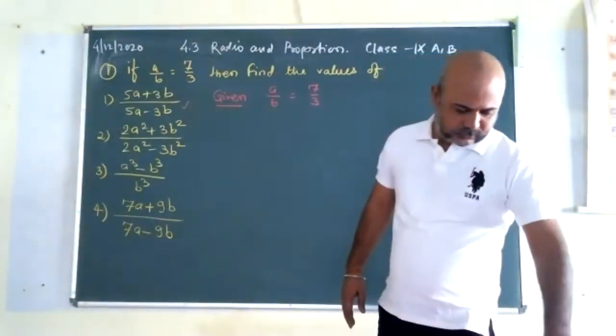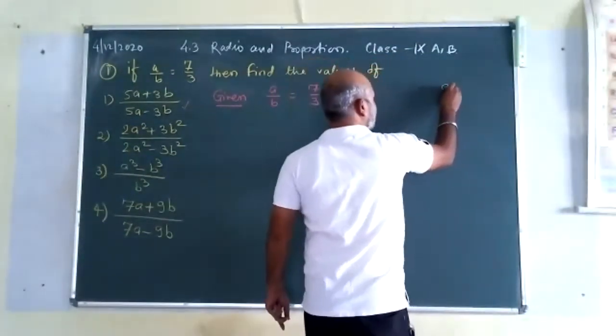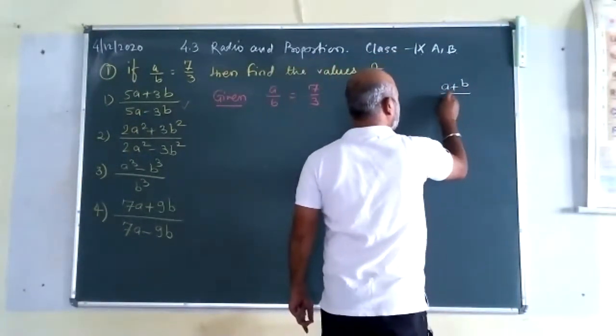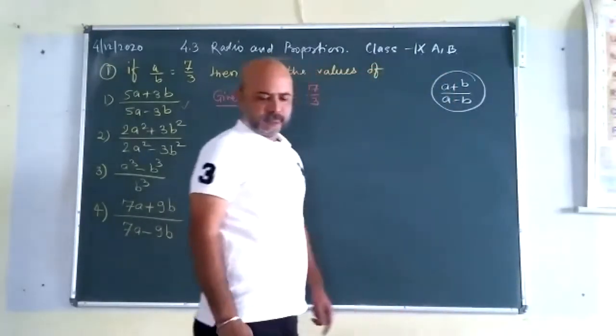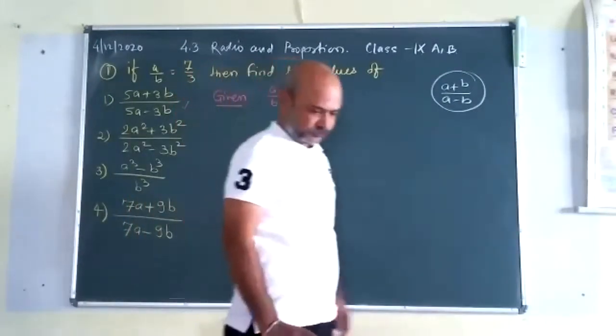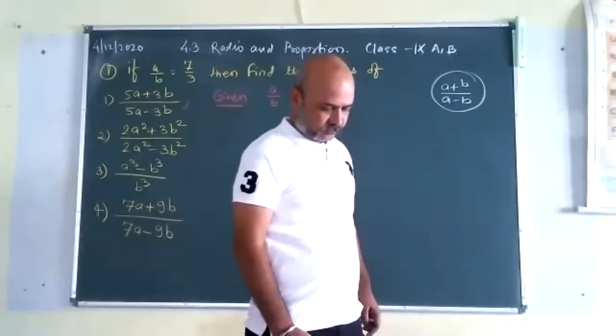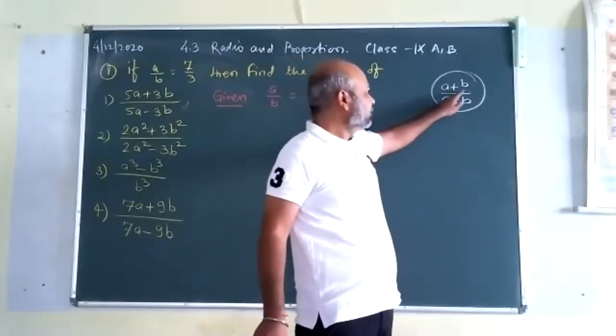Hello. What is this called? A plus B upon A minus B. What is this called? Students, what is this ratio called?